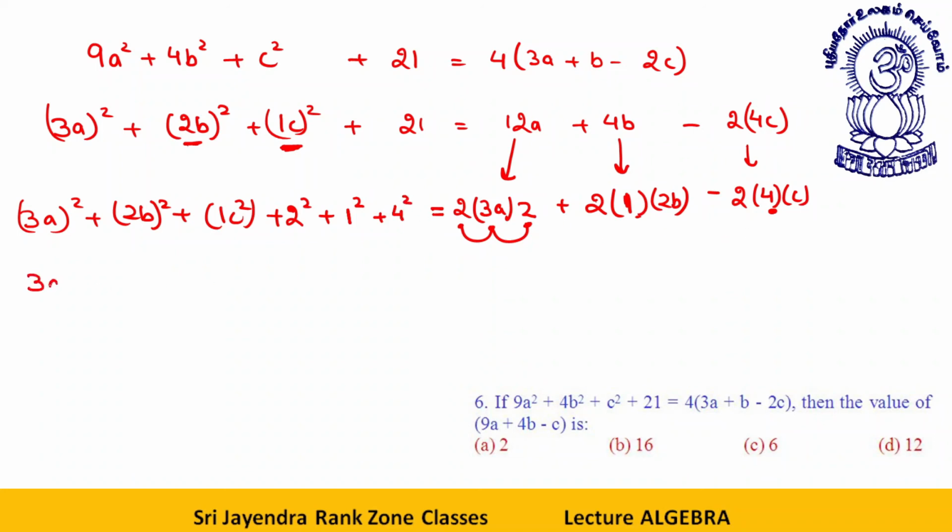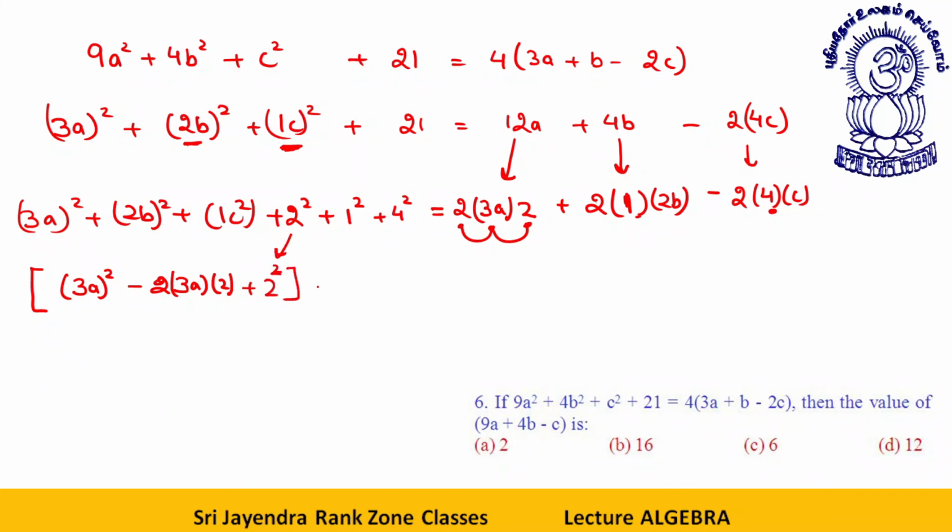So with c, I write 4 square, equal to this much. Now what I'm left with is (3a)² plus 2 into 3a into 2, minus 2 into 3a into 2. Then we have a² minus 2xy, so for y we have 2 square.